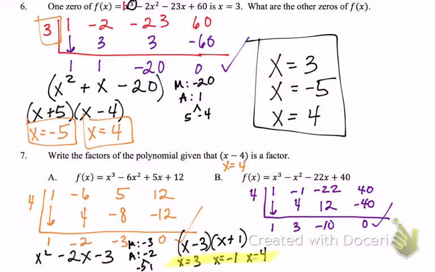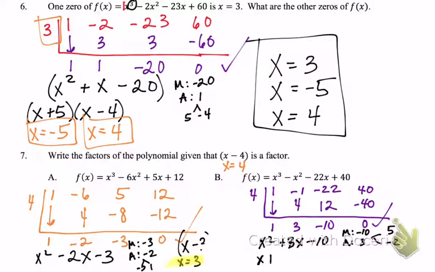And then I'm going to erase this right here and rewrite this as x squared plus 3x minus 10. Need two numbers that multiply to get -10 and add to get a positive 3. So that would be a positive 5, -2.